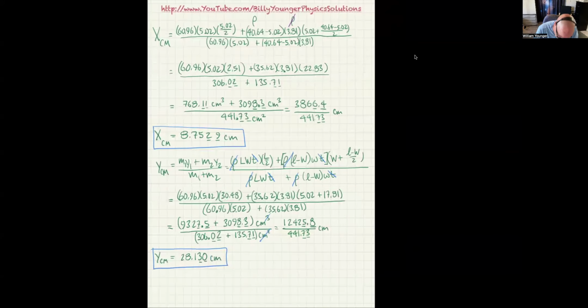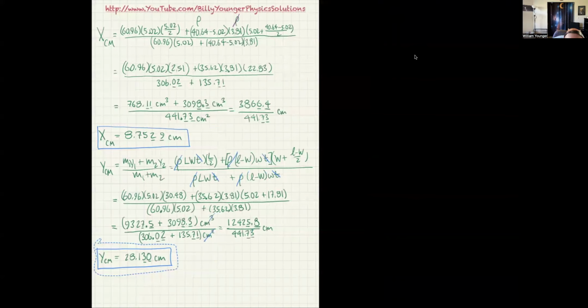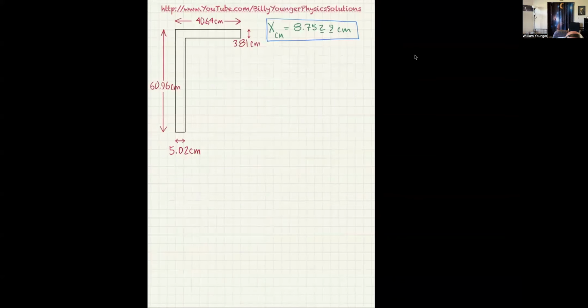And now I'm going to take this and copy here as well. Copy and paste. So those are my center of mass.